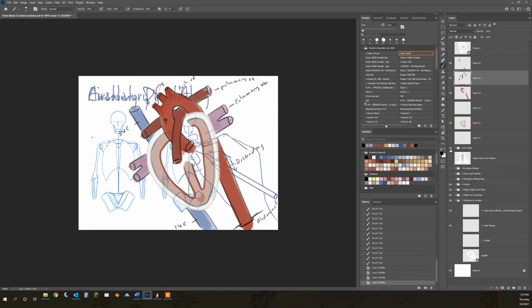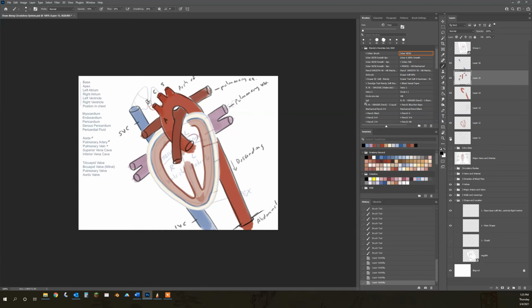That's not it. There it is. So between the atrium and the ventricle, there are valves that regulate the flow of blood. And we have a valve here called the tricuspid.